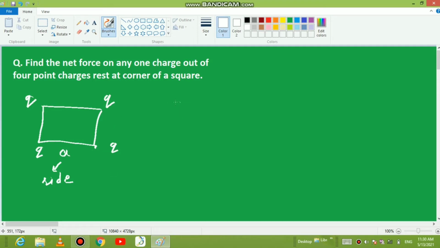Friends, we all know about Coulomb's electrostatic force, that is Fe is equal to K Q1 Q2 upon R square, where Q1 and Q2 are charges and R is the distance between these two charges.